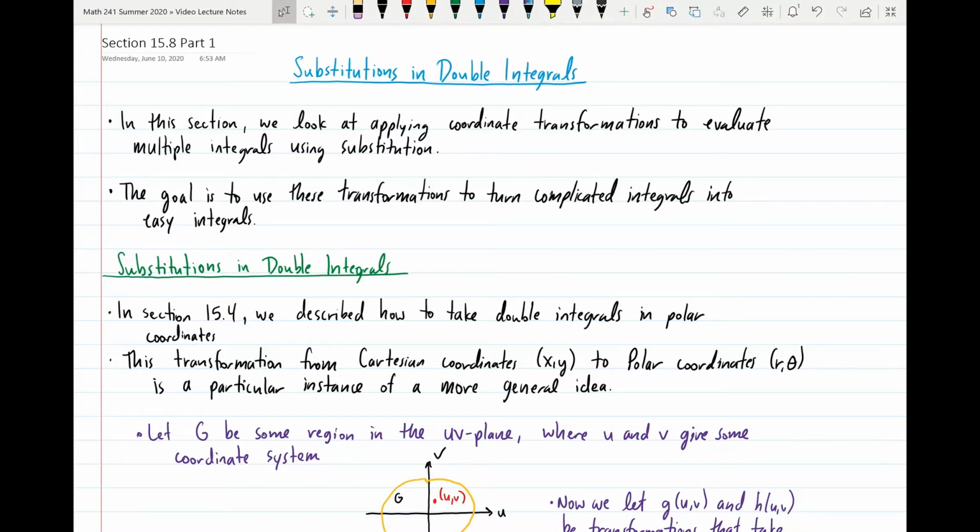Ultimately, the goal is to use these transformations to take complicated integrals that pop up and convert them into integrals that are much easier to evaluate. Broadly, the goal of the video is to build up a methodology that allows us to take difficult integrals and convert them into integrals that are easier to calculate.